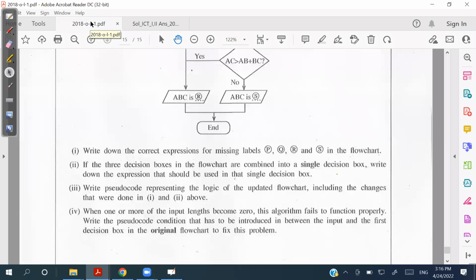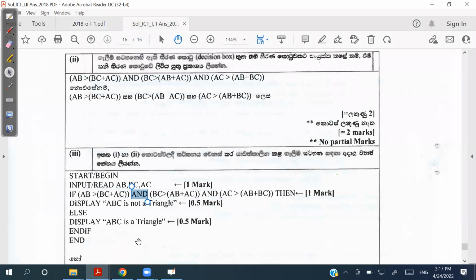So let's look into the pseudocode. So display ABC is not a triangle, and else display ABC is a triangle. And END IF is there to indicate the structure is over, and the END is used to explain the entire program is done.